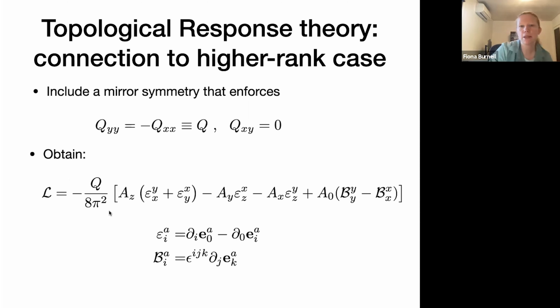So basically I have the Z component of my electromagnetic gauge field, and then the sum of epsilon_YX and epsilon_XY. The other term I want to highlight is A_0, and the difference between B_YY minus B_XX. And then I have two other terms here.